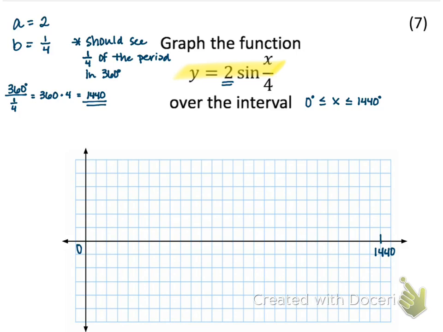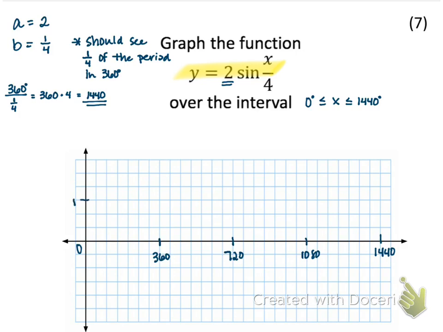So halfway between 0 and 1,440 is going to be 720 degrees. Halfway between 0 and 720 is 360. And then halfway between 720 and 1,440 is going to be 1,080.